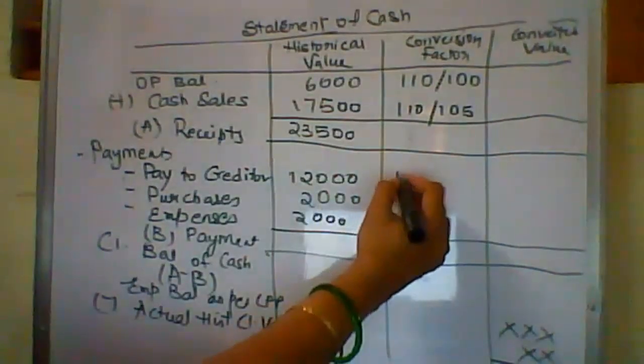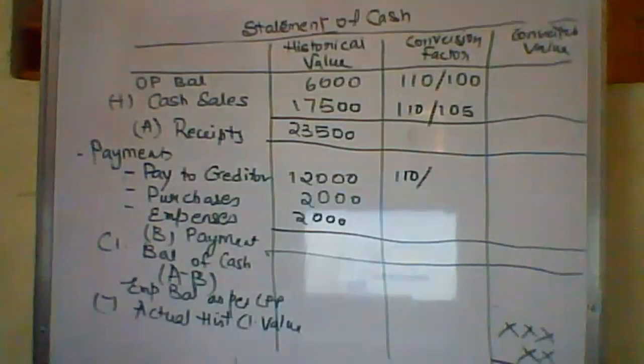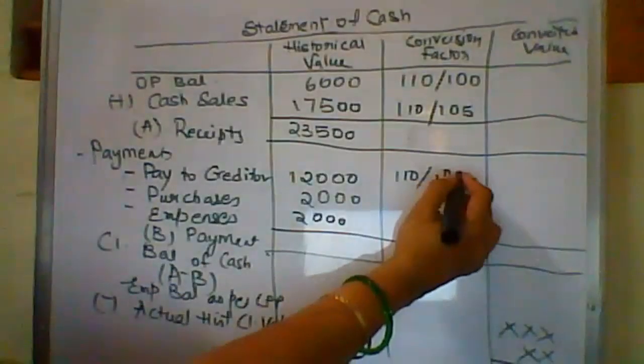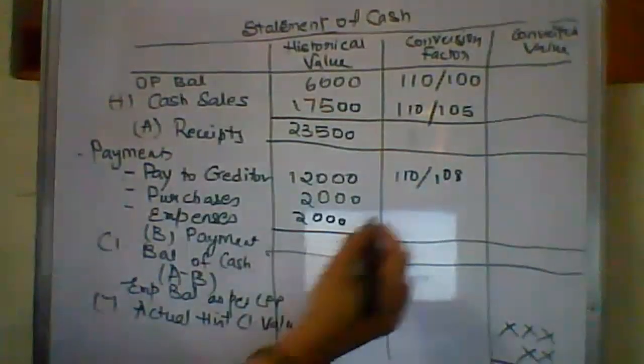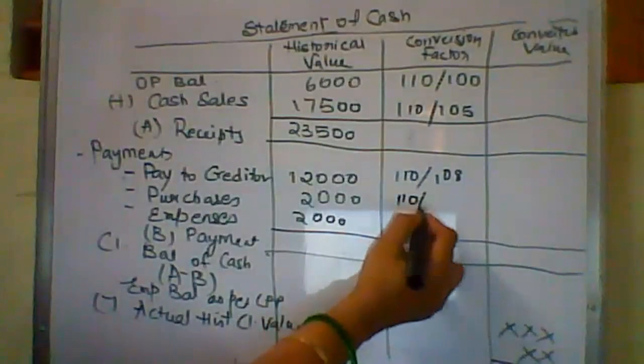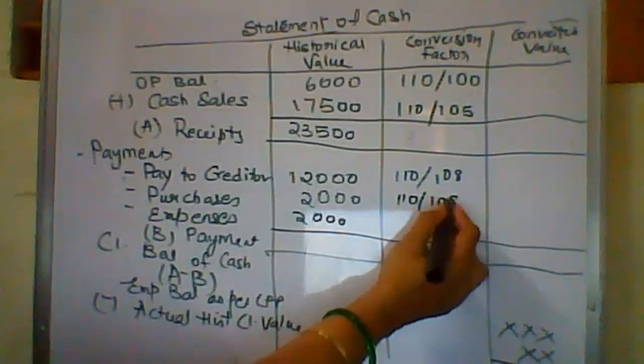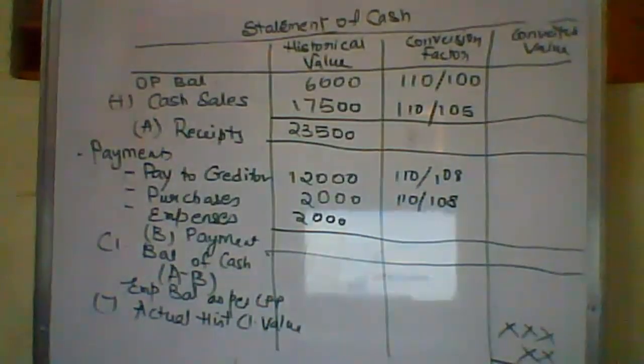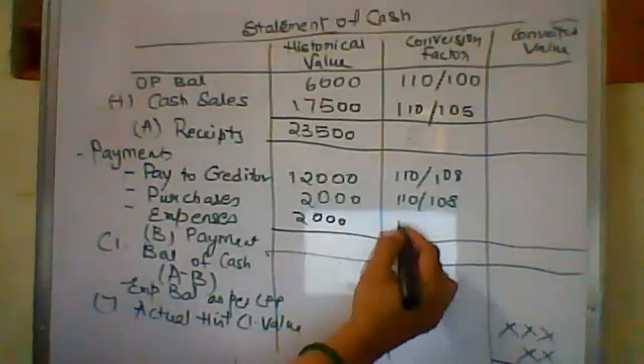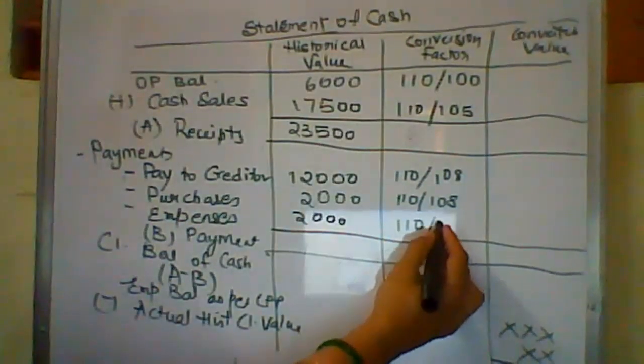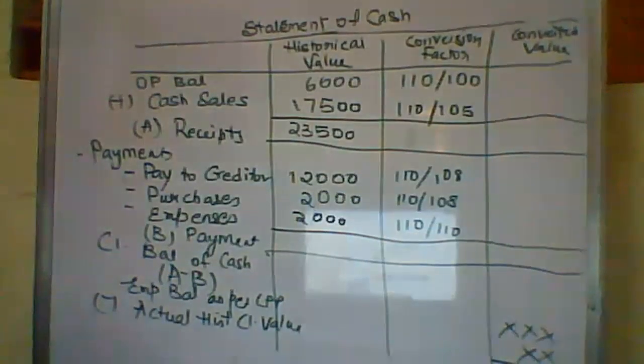For creditors, current price index divided by 108. Same with purchases, divided by 108. Expenses also the same: current price index divided by the expenses price index.